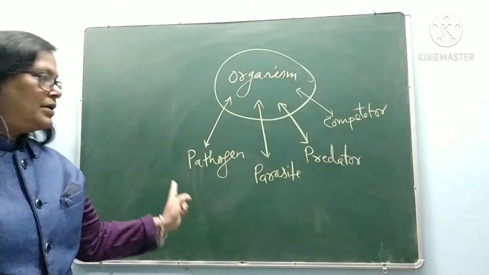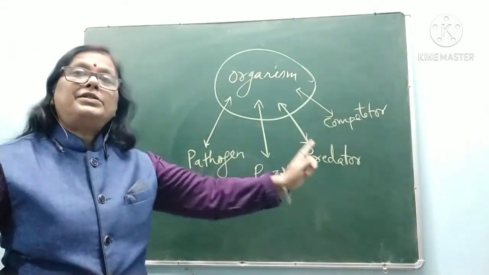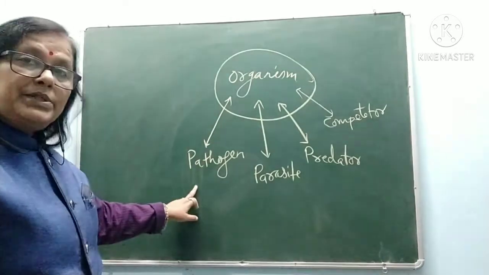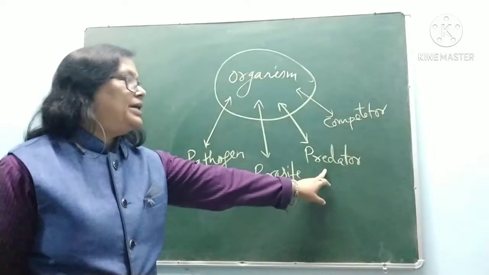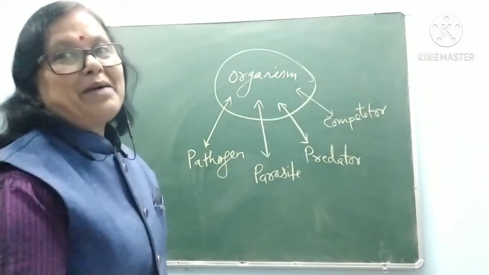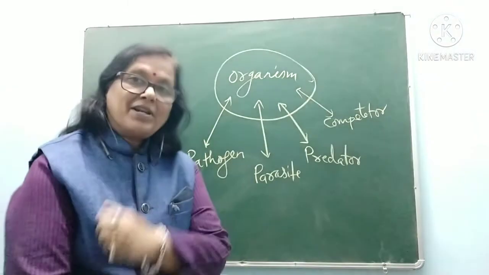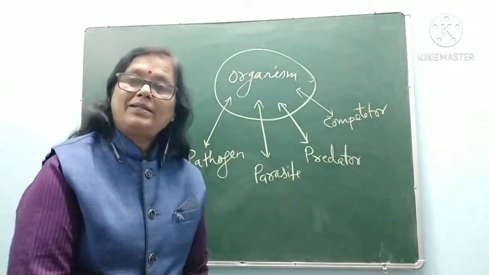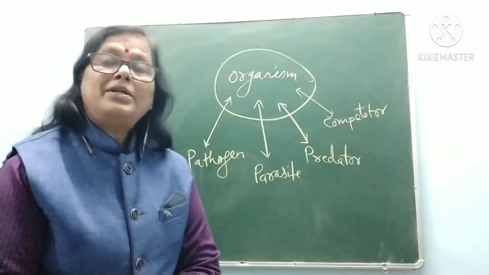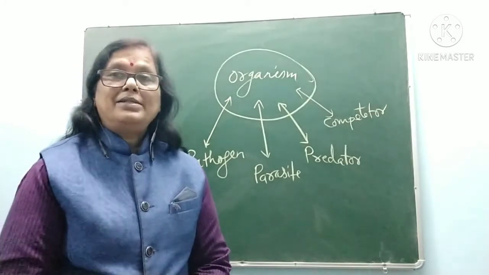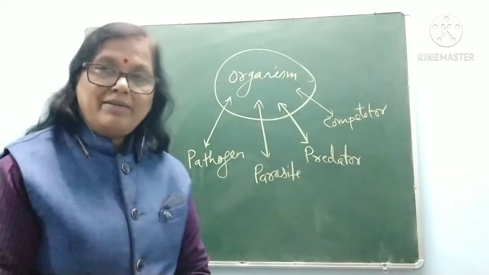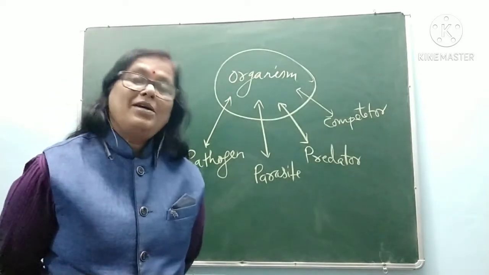These are 4 biotic factors which influence an organism in its habitat. Life is not very simple. We always have to struggle with other factors, abiotic factors and biotic factors. And adaptation is a very important tool to survive in this environment. In this chapter, we will study these factors one by one, as well as adaptations.